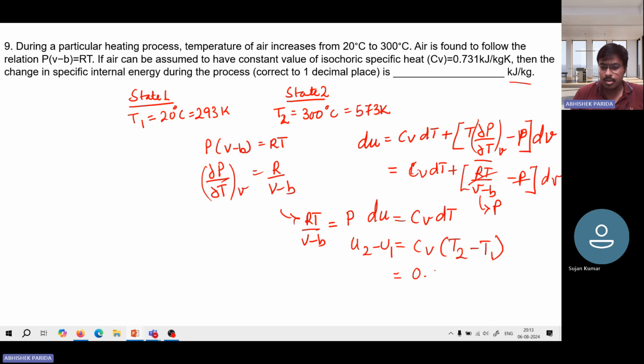Always notice all these things. 0.731 into (T2 minus T1), which is 573 minus 293.